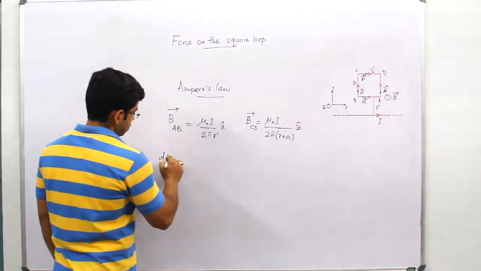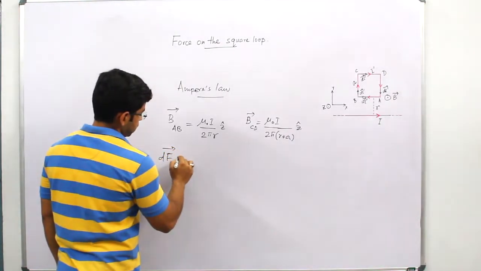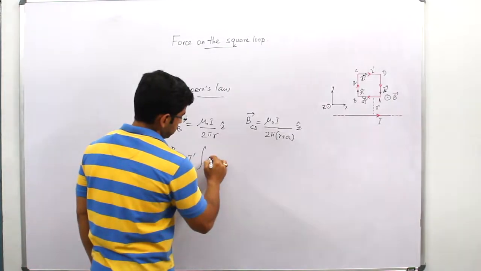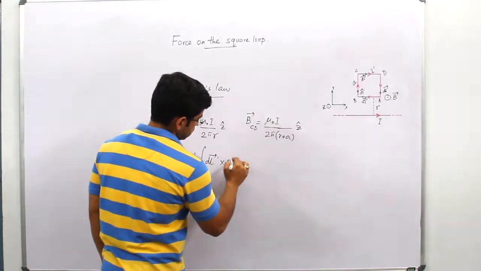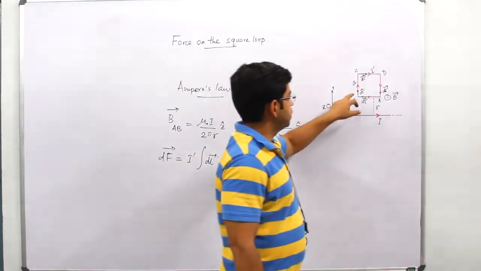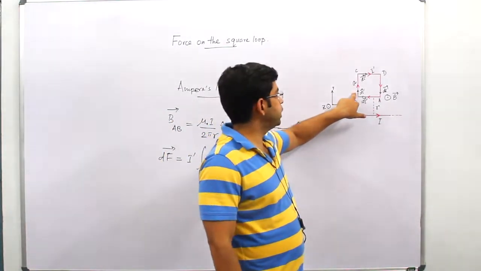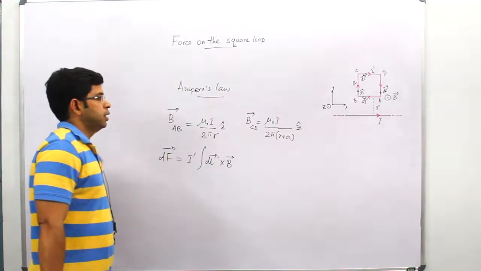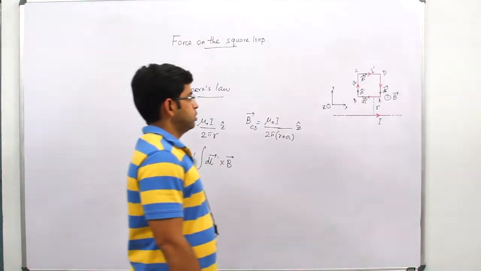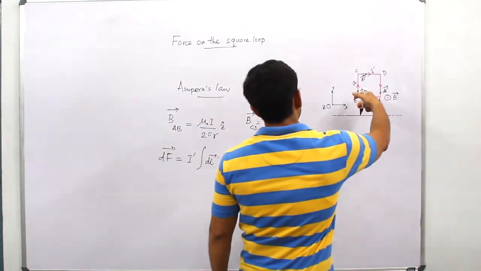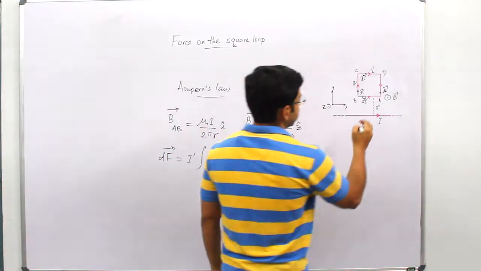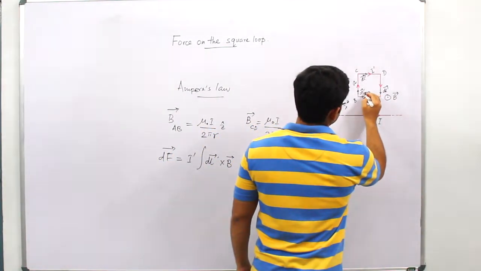So the force dF is given by I prime integral of dl prime cross B, where this magnetic field B is at the position of the length element dl prime on the arm CB. Now see, according to this cross product, dl cross B will produce a force which will be directed along the positive x direction.